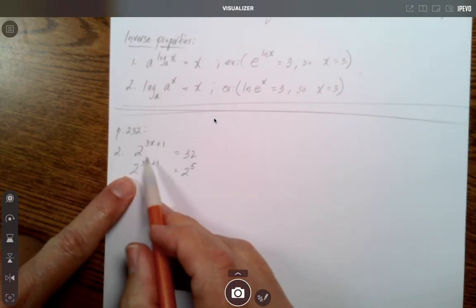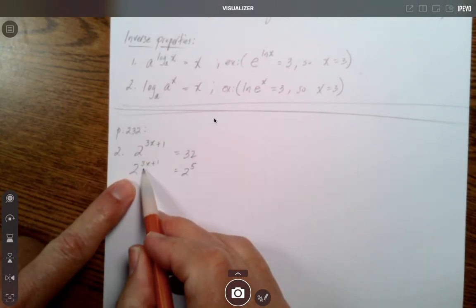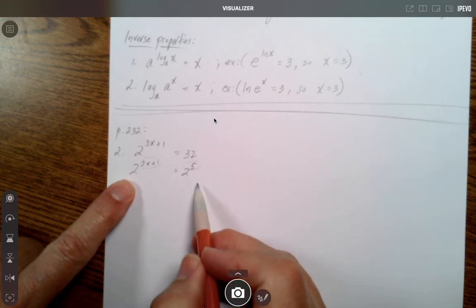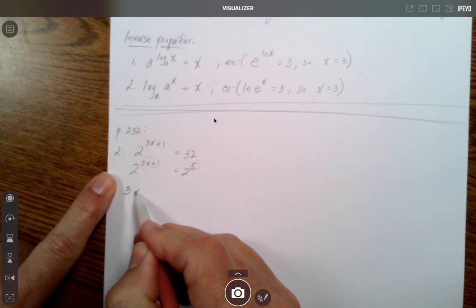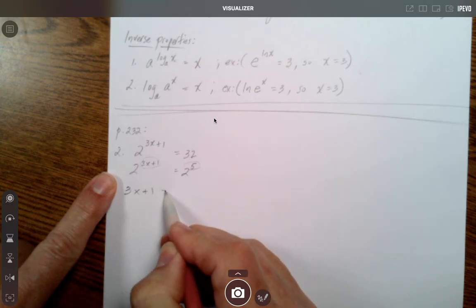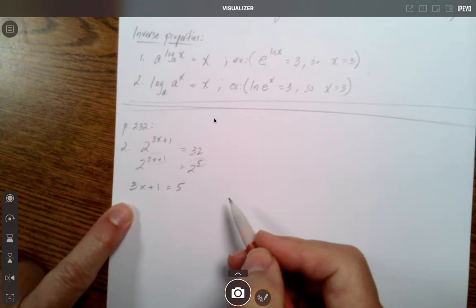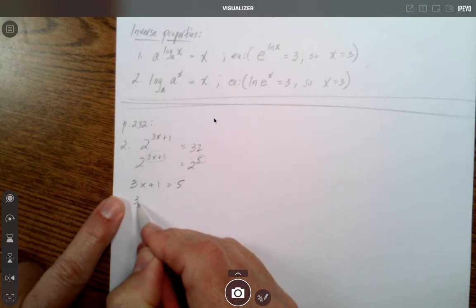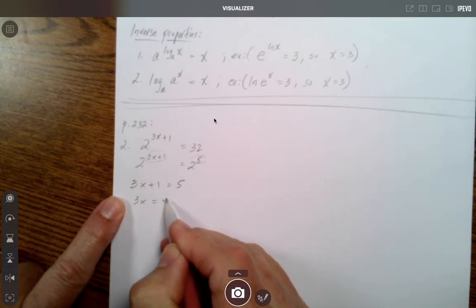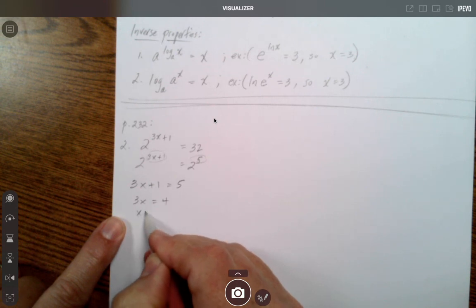Now that I've got the bases the same, therefore these exponents must also be the same. So if I want to know x, I could just set the exponents equal to each other. So 3x plus 1 is 5, and solve for x. So that's going to be 3x is 4, so x is 4/3.